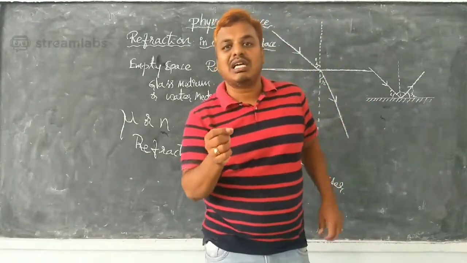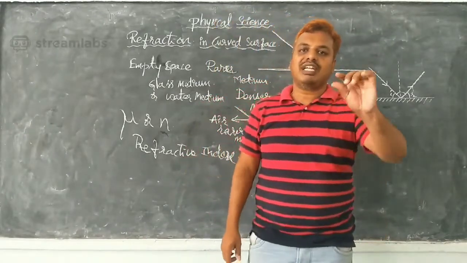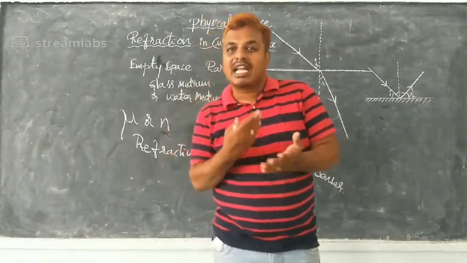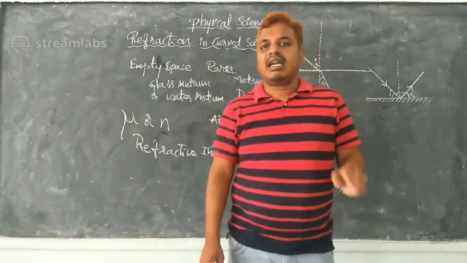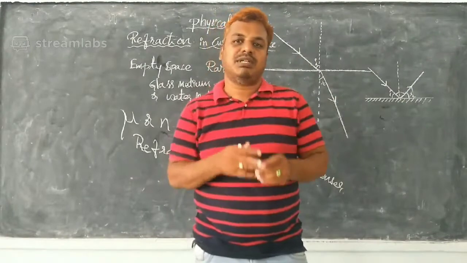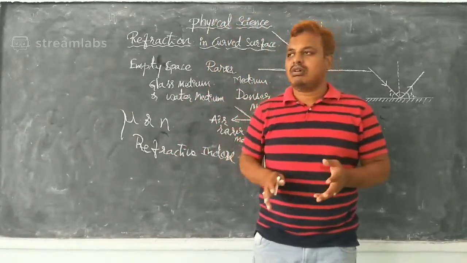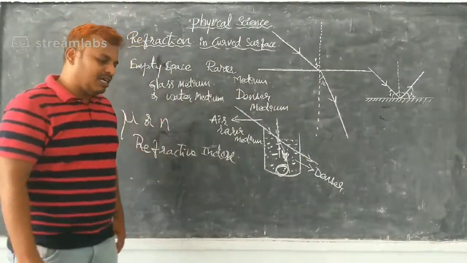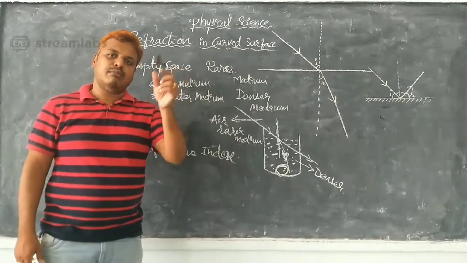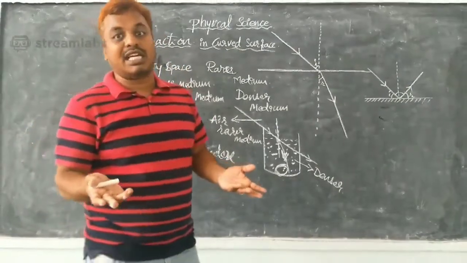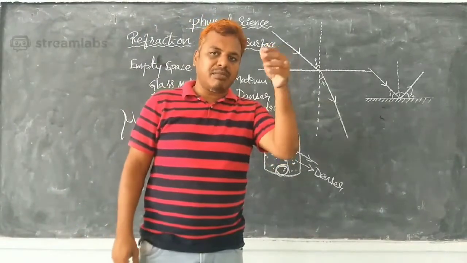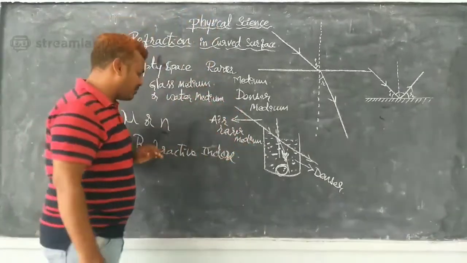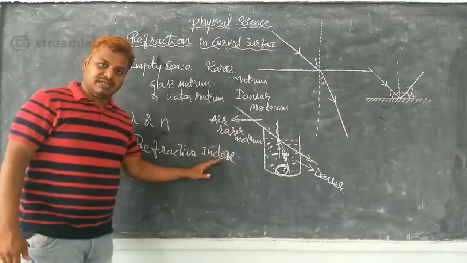Refractive index is nothing but the ratio of the refractive index of the rarer medium divided by the refractive index of the denser medium. So first material medium by second material medium is the ratio. Do you understand what refractive index is?